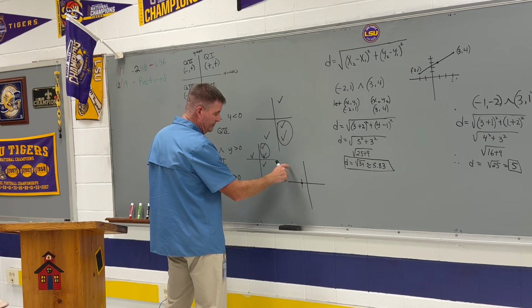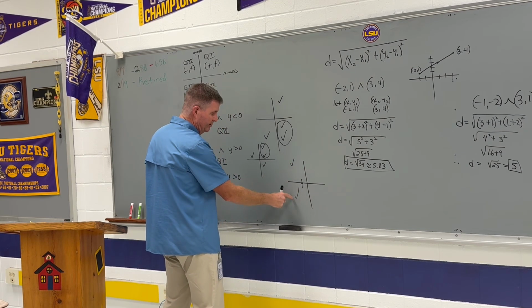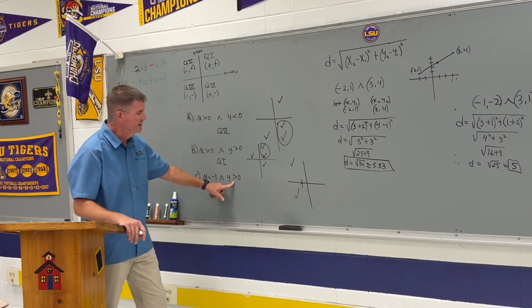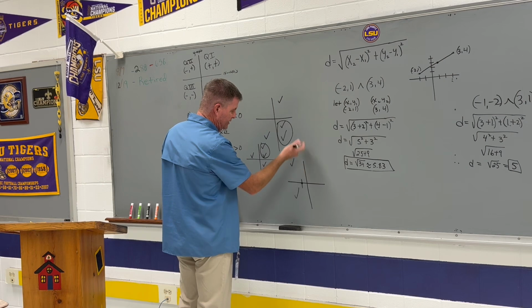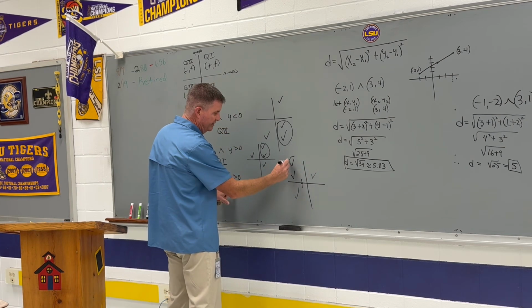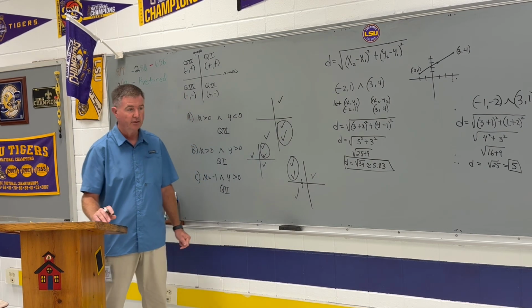So it's got to be either here or here. So it's either the 2nd or the 3rd quadrant. But at the same time, y is greater than 0, so my y is greater than 0 at the top, so it would be either the 2nd or the 1st. They both meet up in the 2nd, so quadrant number 2 would be the quadrant that the ordered pair lies.